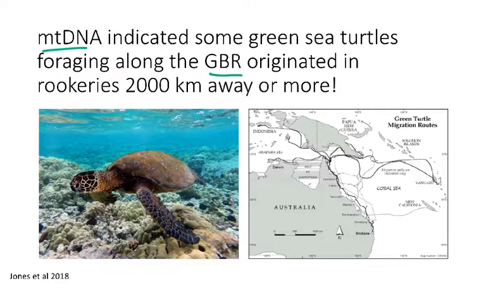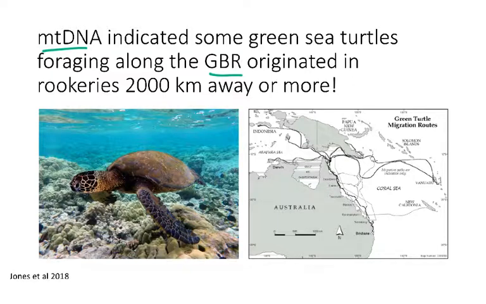So they have distinct genetic data for, I think, 25 different rookeries, they said. So by matching the mitochondrial DNA of the turtles that were foraging in the Great Barrier Reef, they can figure out what rookery that turtle was born in, so where it came from, essentially.